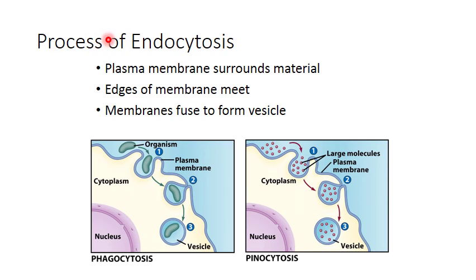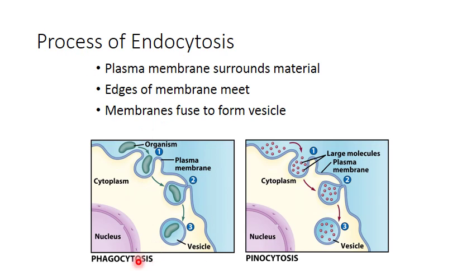The process of endocytosis is when a cell contacts the substance that it wants to transport, either an organism or macromolecules or particles, and the plasma membrane folds inward until it completely surrounds the substance. Once the substance is completely surrounded, the membrane is pinched off inside the cell to form a vesicle.